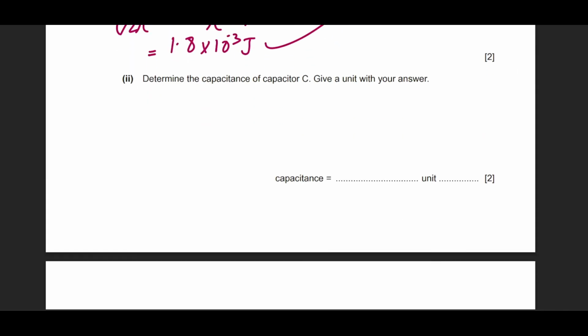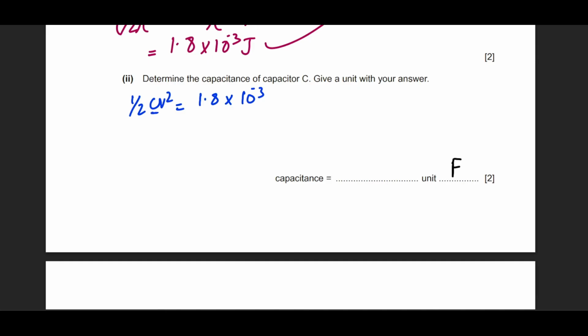The next part says, determine the capacitance of the capacitor C. Give a unit for your answer. That is usually farads. So let's first write down the unit of farads. The capacitance can be found by this formula, half CV squared, which is equal to the energy, 1.8 into 10 to the minus 3.